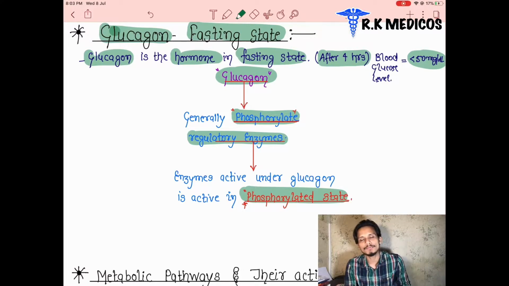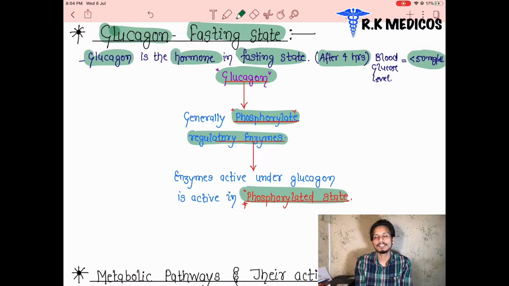They are in the fasting state. In the fasting state glucagon is secreted and it phosphorylates the enzymes. And which enzymes are in the active form in the metabolic pathway? They are the phosphorylated enzymes. When are the enzymes phosphorylated? When glucagon is secreted. And dephosphorylated when insulin is secreted.